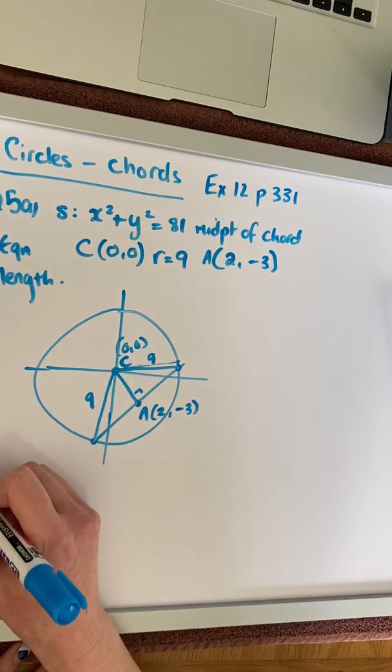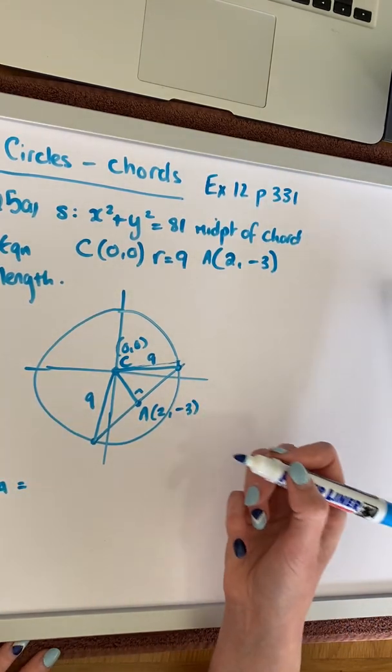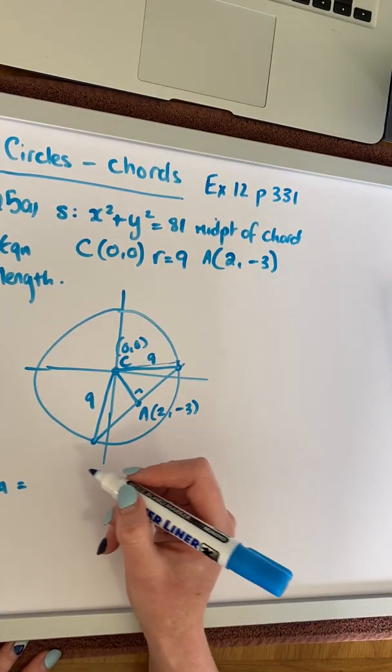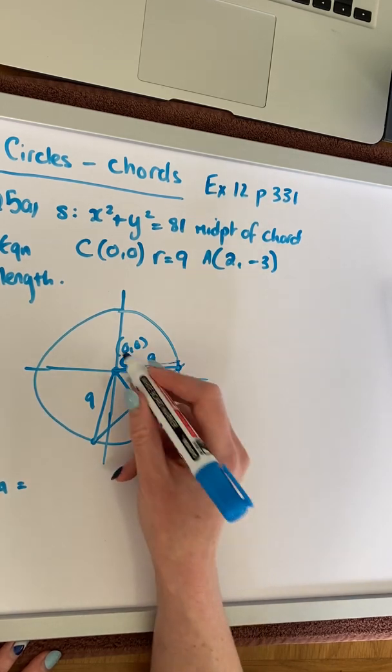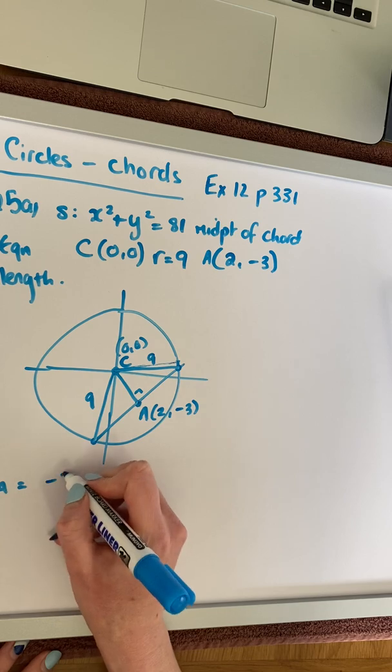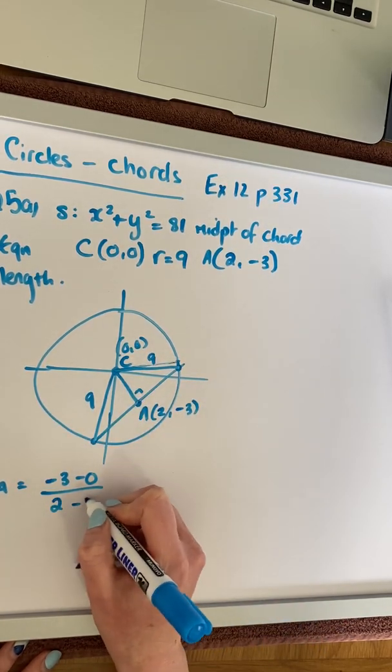So first of all, the slope from point C to point A: the formula is y2 minus y1 over x2 minus x1. Filling the information into my slope formula, y2 minus y1 is -3 minus 0 over x2 minus x1, 2 minus 0.